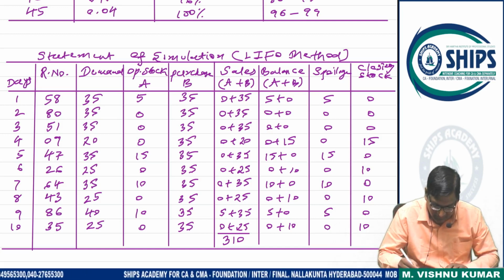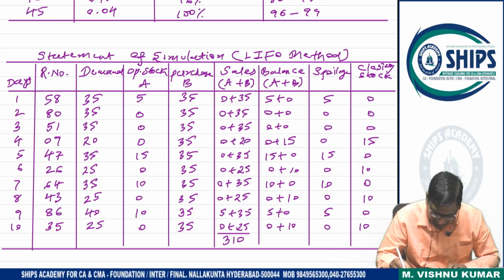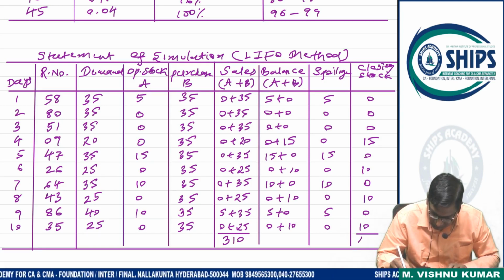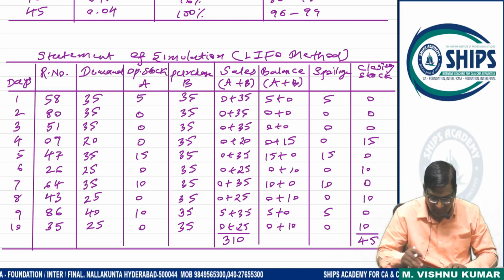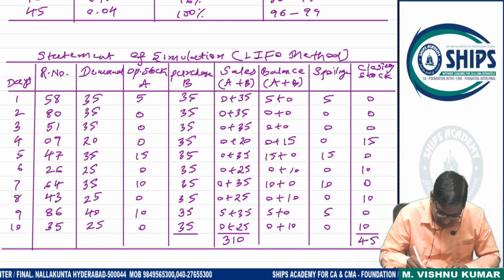Okay. So this is sales. Now there is a closing stock also. Closing stock how much? 45. So it means purchase quantity is 350.